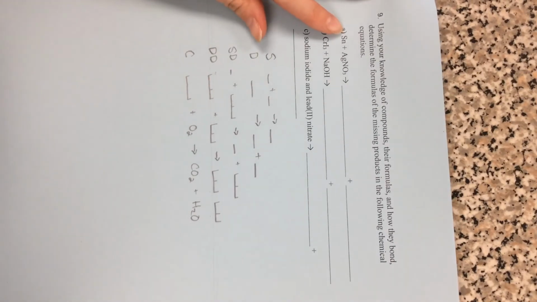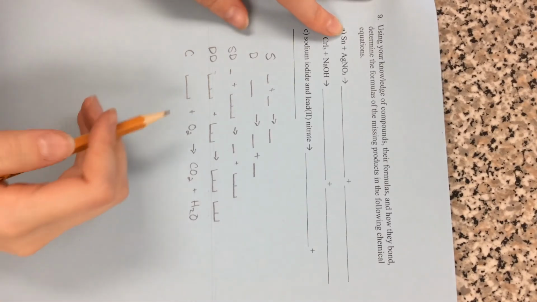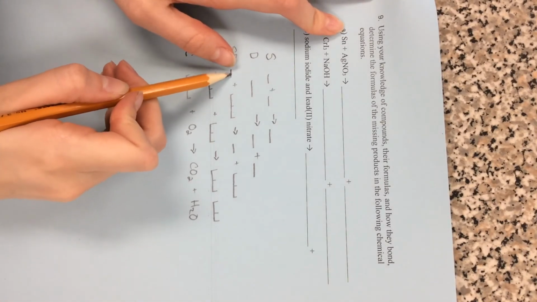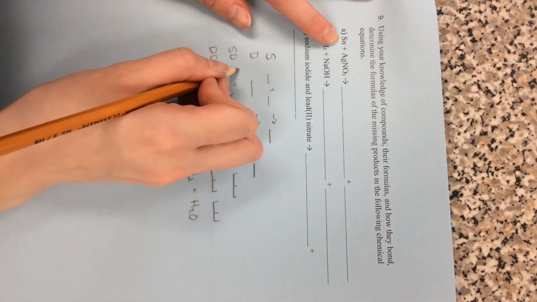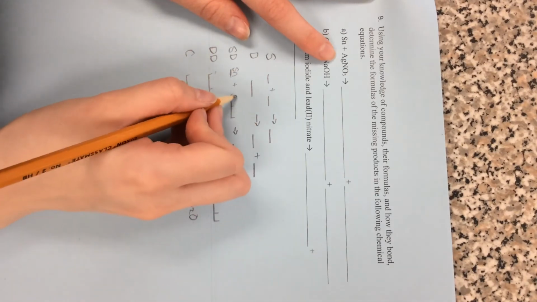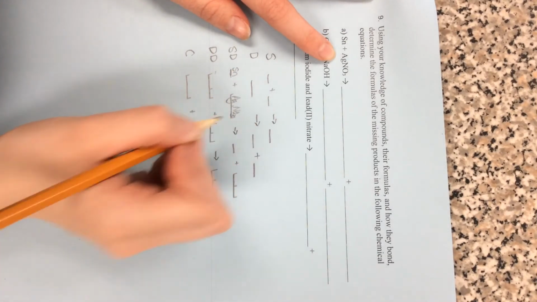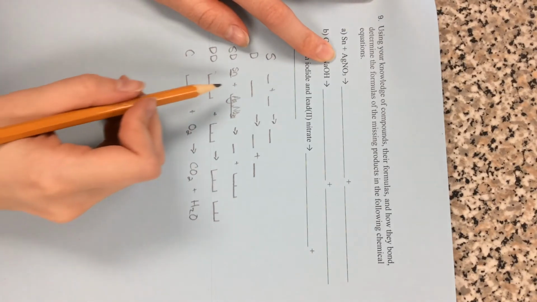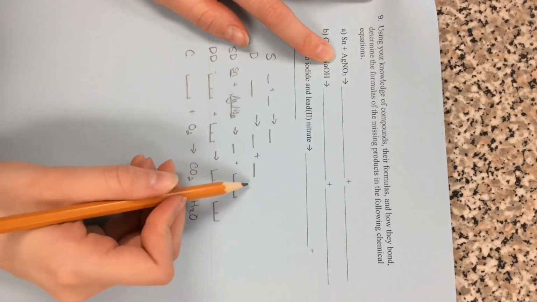When you look at A, you should notice right away that it is a single element plus a compound. You have Sn plus silver nitrate, and that is now going to give you a new single element and a new compound.